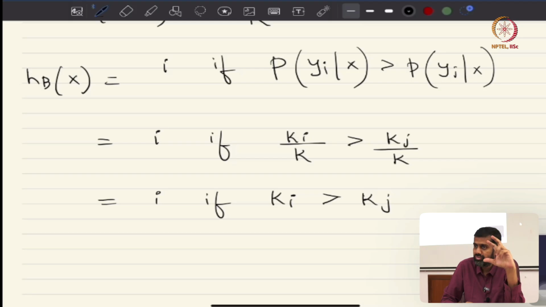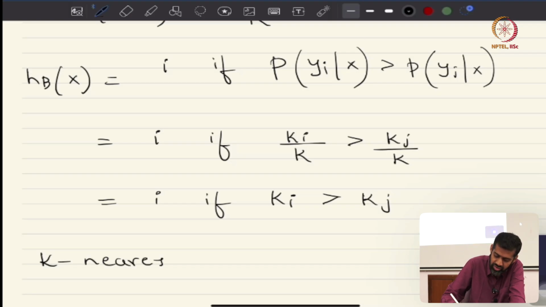I am taking a volume around x and seeing how many points in the data set within that volume correspond to the ith class and jth class, and deciding the class of that particular point x as the one that has the highest appearance within that volume. This is the k nearest neighbor classifier. This is exactly what is called the k nearest neighbor classifier.